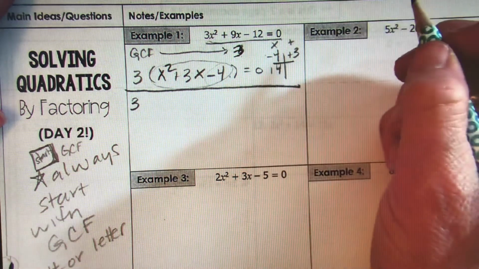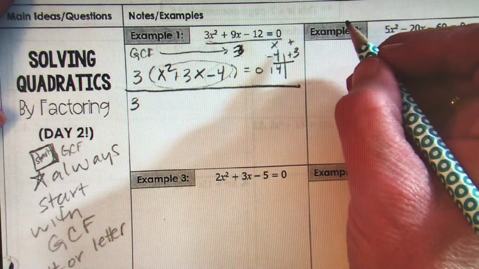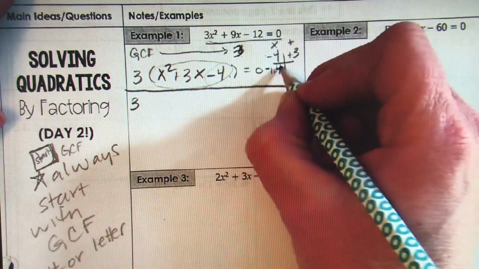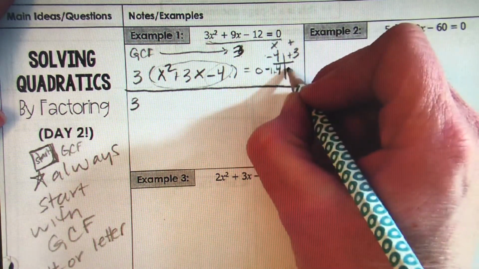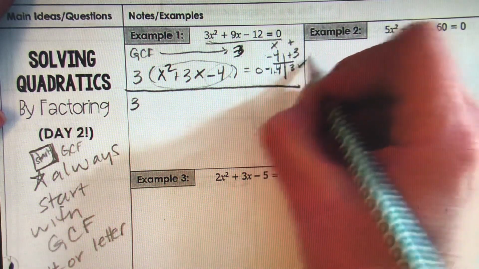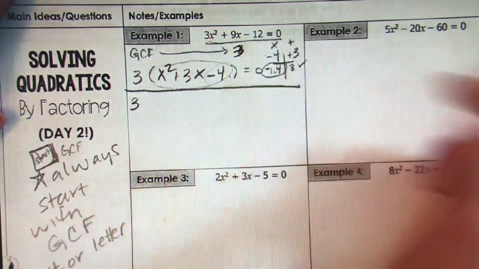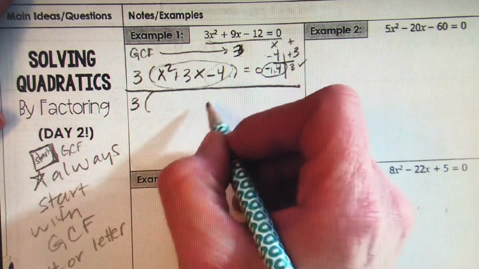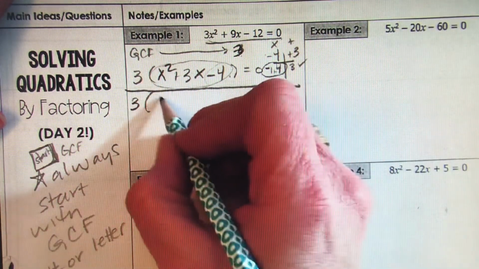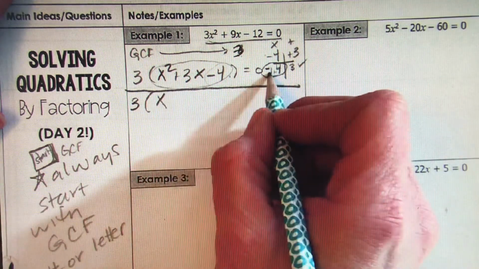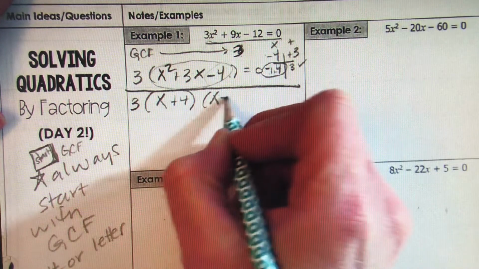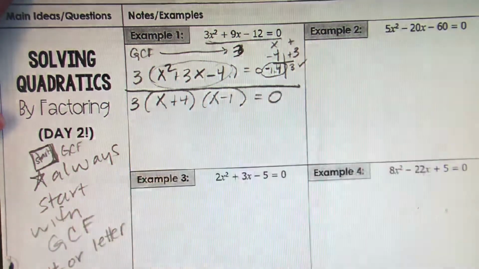And one of them has to be negative. And it's going to be the 1, because -1 plus 4 is 3. That's going to work. Great. Okay, so I'm going to rewrite this now as a binomial by a binomial. So I should have x plus 4 and x minus 1 equals 0.